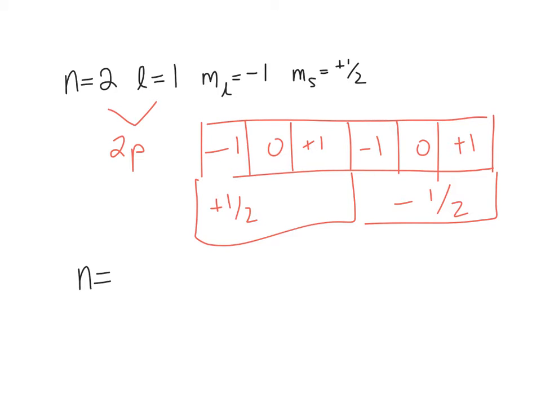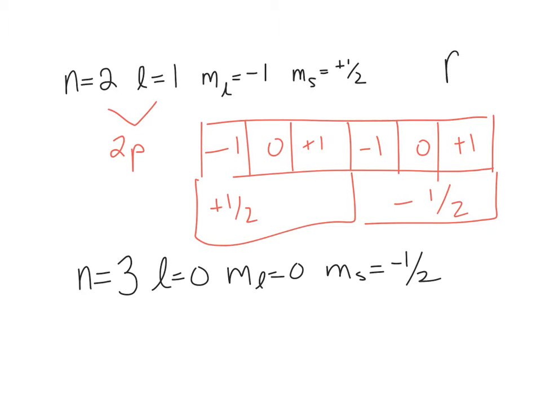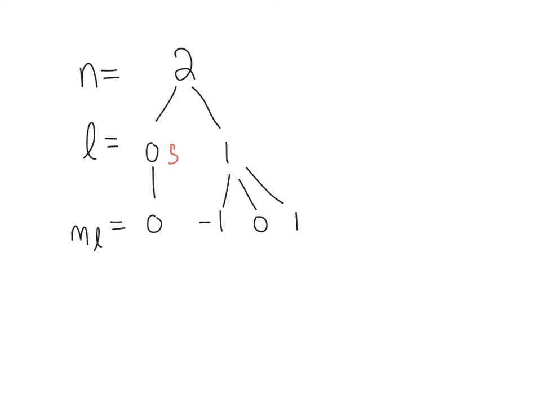I'll stick to either the S or the P, okay, to make it easy. So that one was boron, this one's magnesium. If you have an S orbital, there's only one orbital of that type on that energy level, because there is one value for ml.